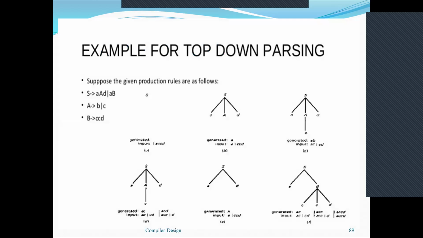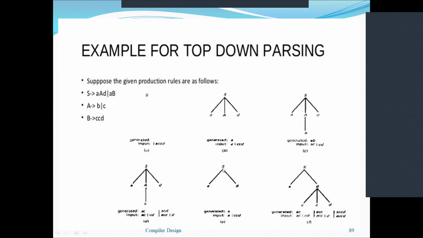So here is an example of top-down parsing, where suppose the given production rules are like this. In this case, your start symbol is S, having the production as A or D, or it can have the form A and B. In any of the cases, A has the value B or C. So A can have B, or A can have the C value.